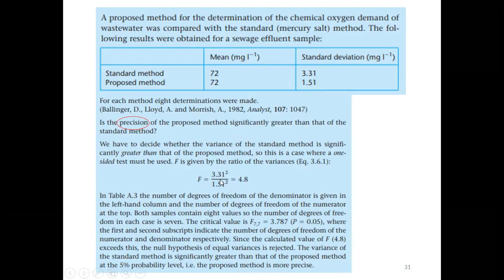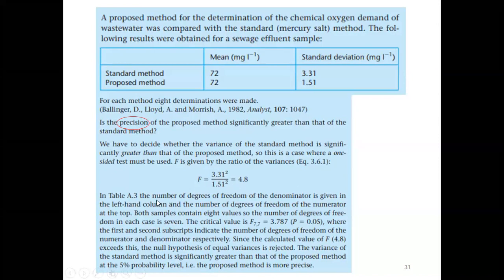So those are standard deviations. Here we have to take the variance, therefore we have to take the square of the standard deviation. When we solve this equation for F, we will get 4.8. That is the experimental or calculated value of F.